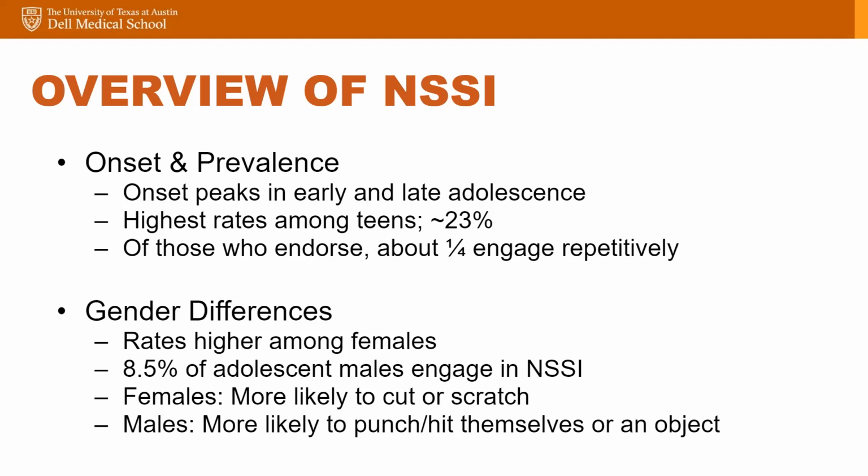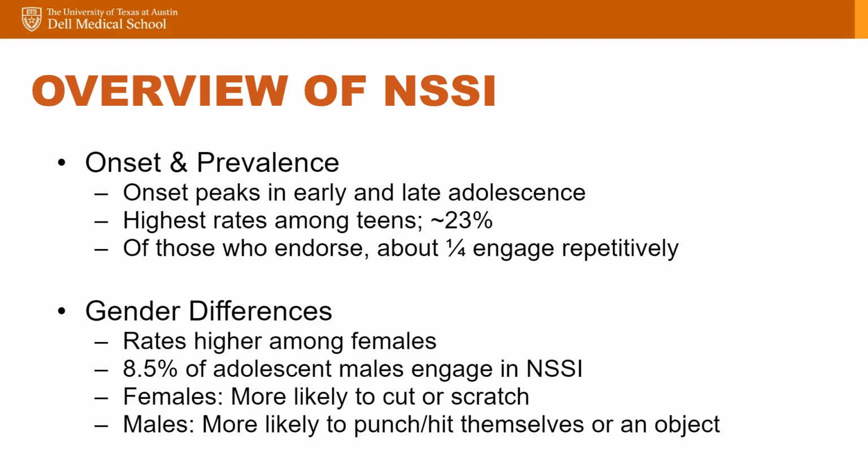If we think about it, that age range of 11 to 15, typically the middle school years, there's a lot of change and transitions, both within the school system, right, going from elementary to middle school to high school, as well as other forms of transition, both developmentally, biologically, and socially for young teenagers.